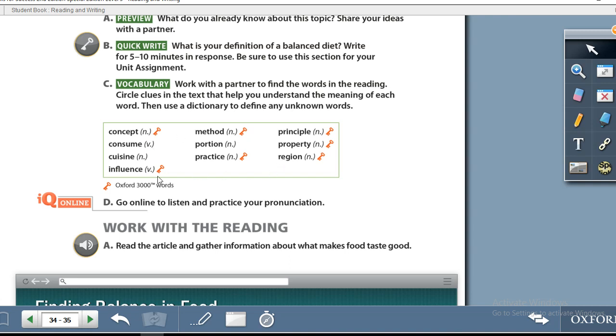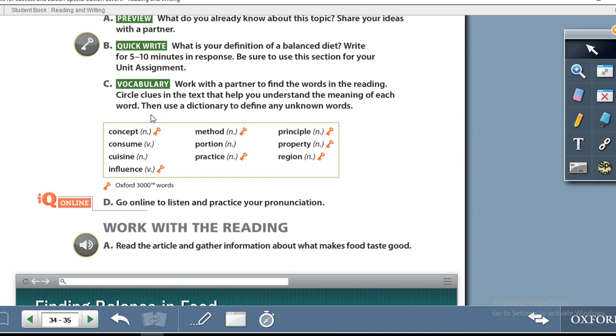And they have done the same for each one of these other words. Once again, the vocabulary is concept, consume, cuisine, influence, method, portion, practice, principle, property, region, right? So these are the words that they have provided. All of these words, you can find them in the reading.